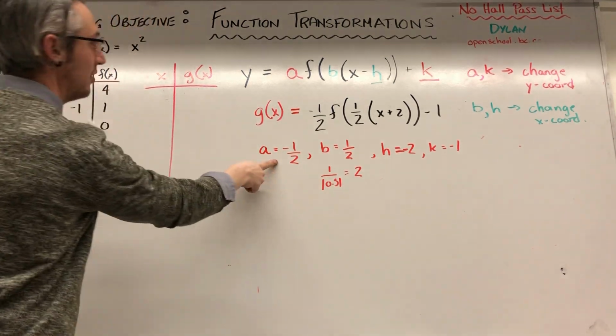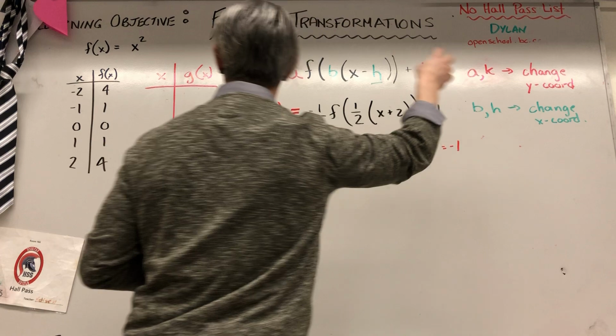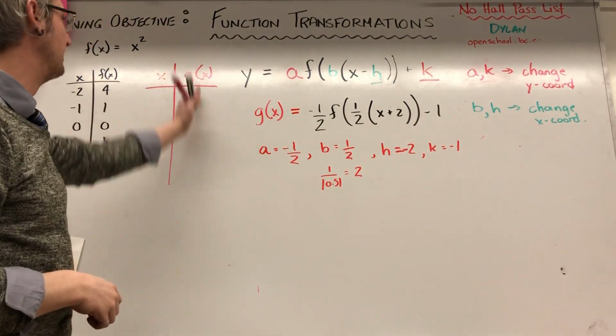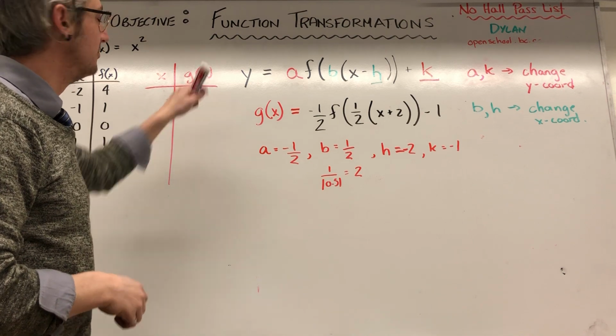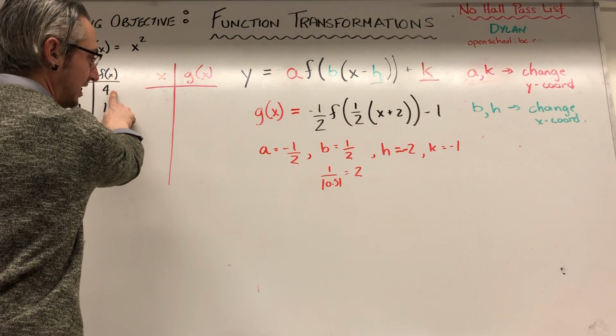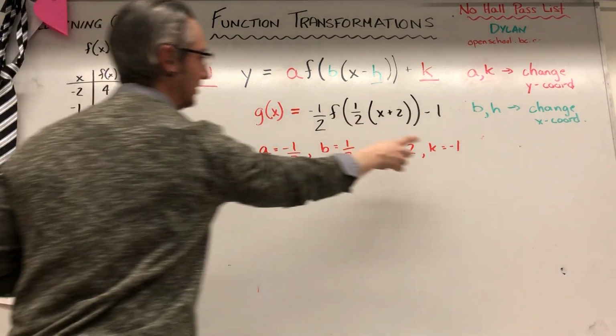I'm going to take all of my y's. A applies to y's. My g of x, f of x, y, they're all the same thing. This is my output, y is an output. So I'm going to multiply each by -1/2, and then I'm going to subtract 1.